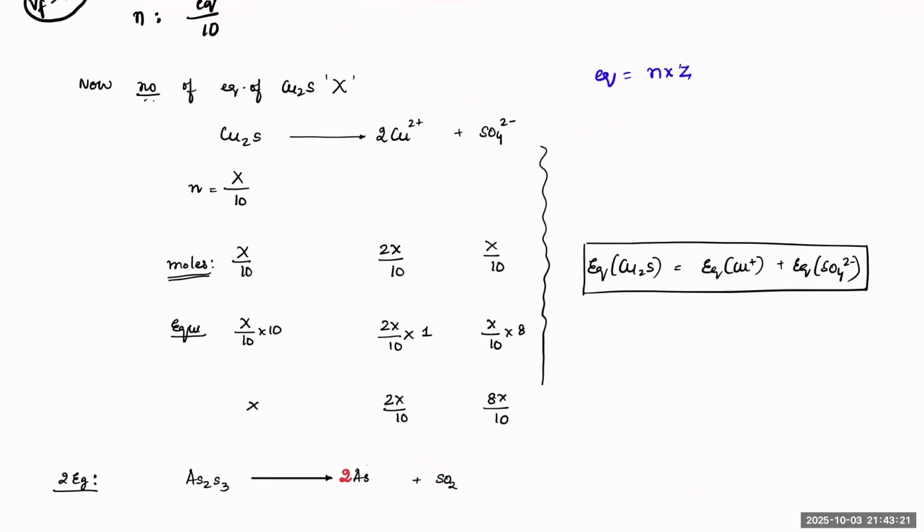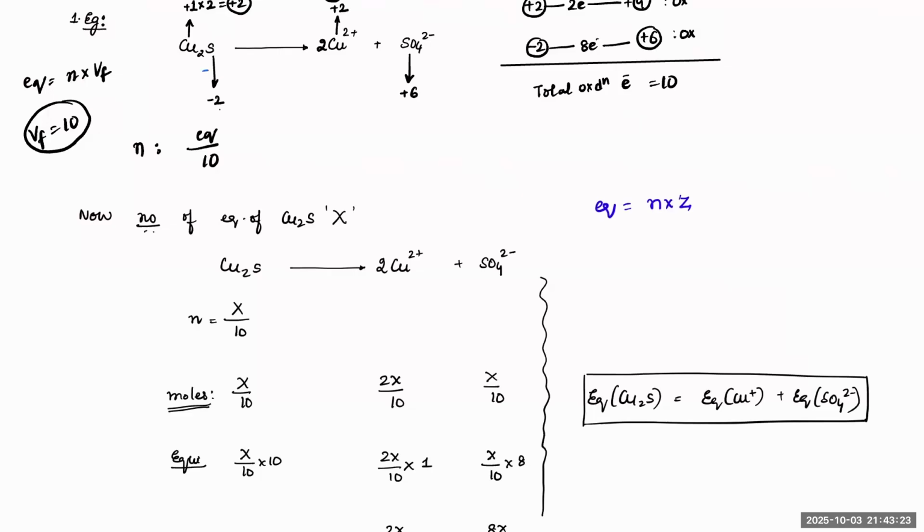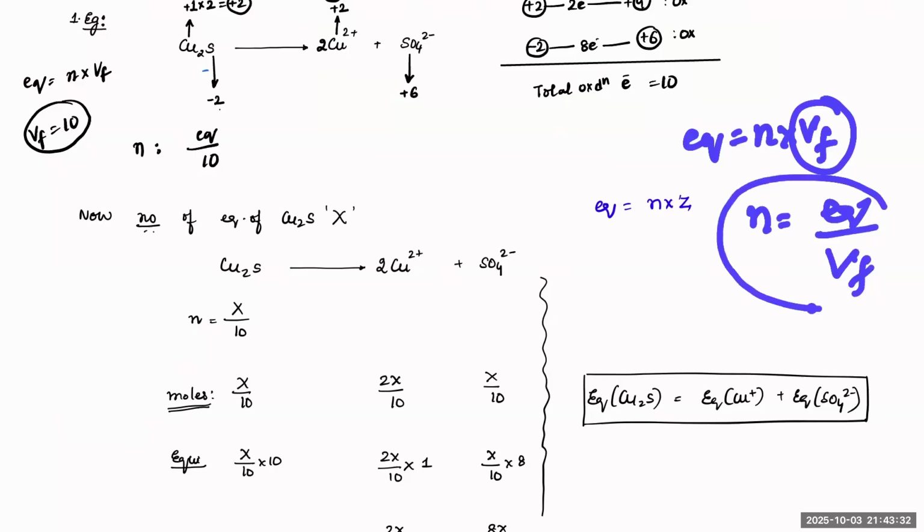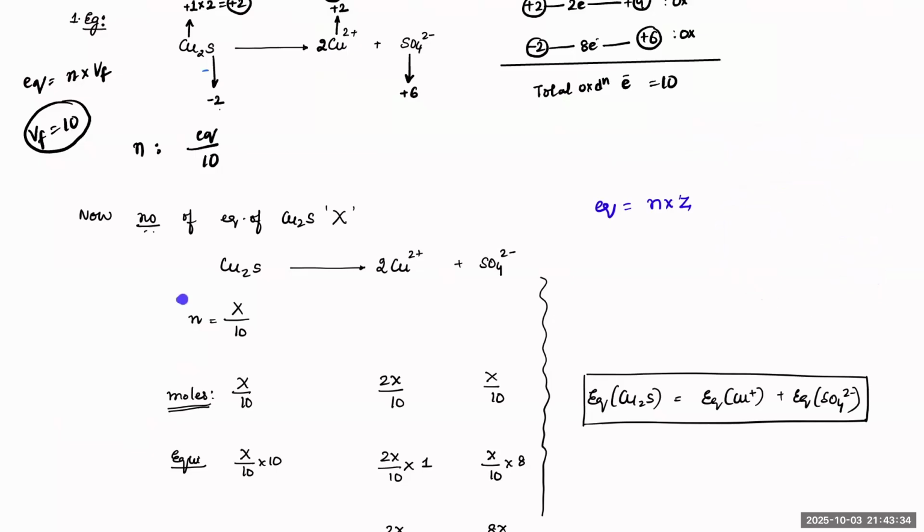Clear? And what is the definition of equivalents? Equivalents is equal to number of moles into valency factor, or n factor. So the number of moles is equal to equivalents by valency factor. So what will be the number of moles here? X by 10. X by 10 is the number of moles here. Clear?